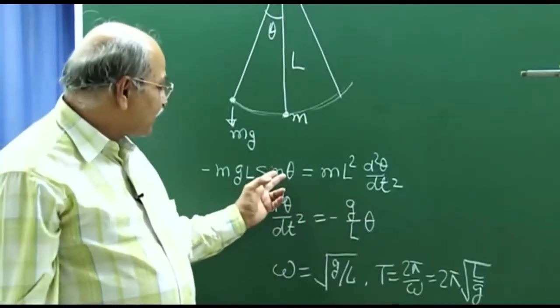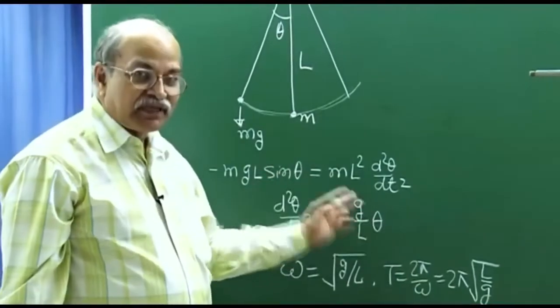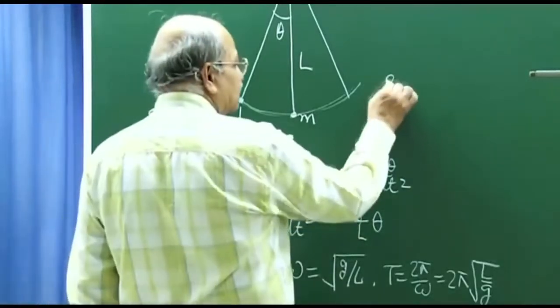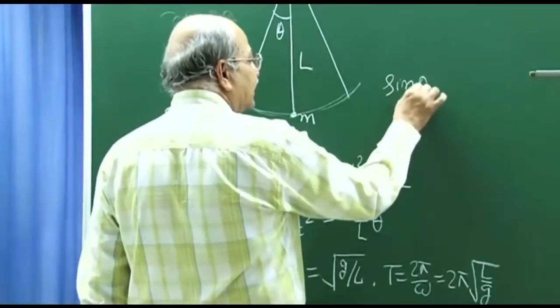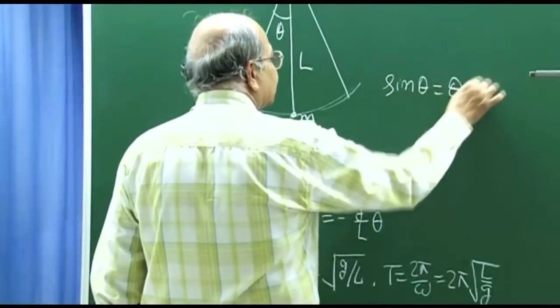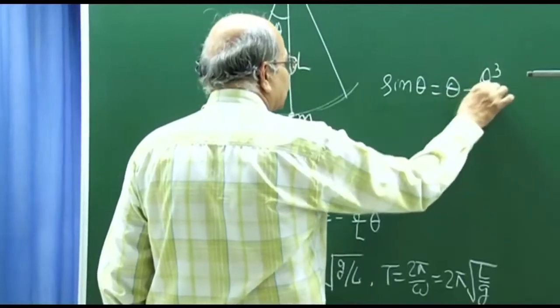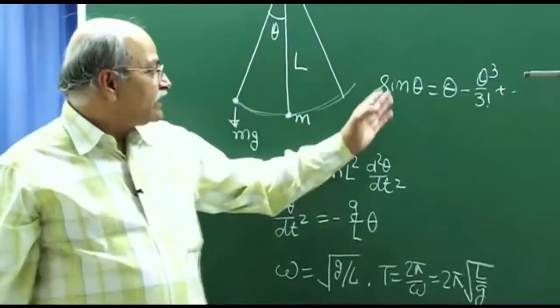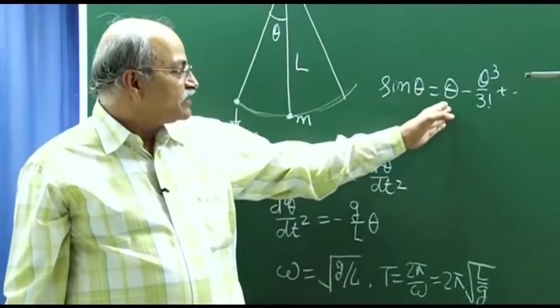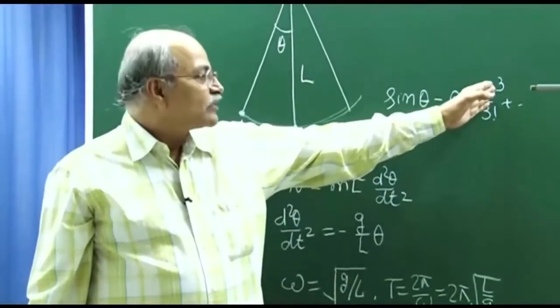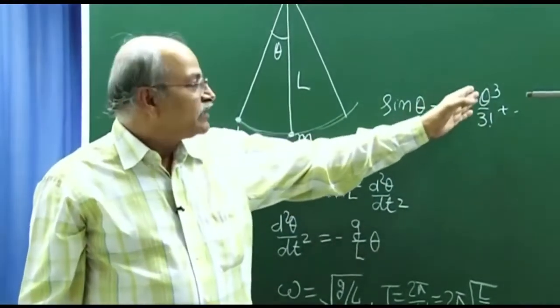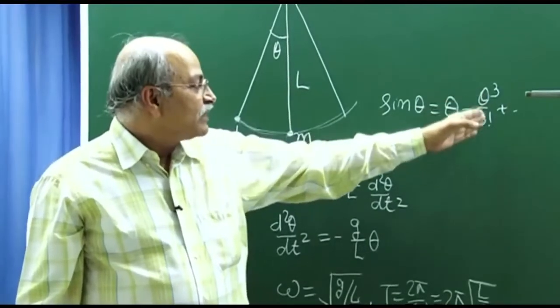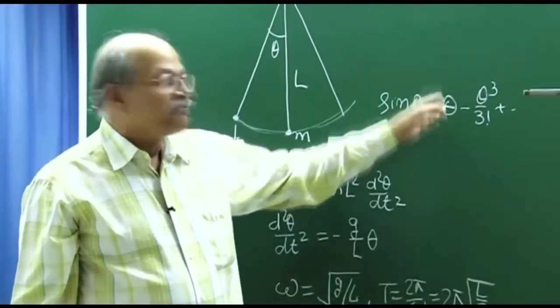This will be better and better if this theta is small, because sine theta you can expand as theta minus theta cube over 3 factorial and so on. So, if you are writing sine theta equal to theta, that means you are neglecting this theta cube in front of theta, or you are neglecting theta square by 6 in front of 1.